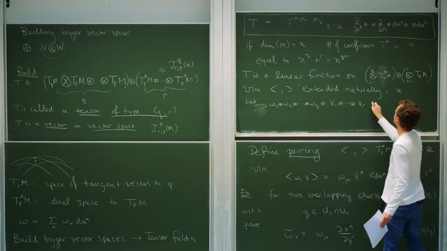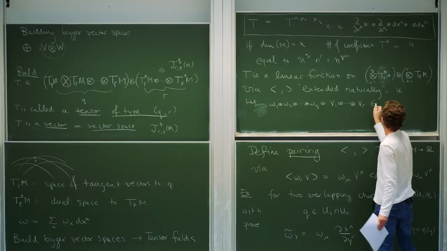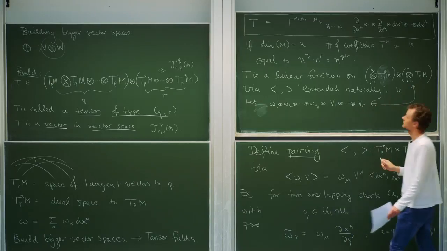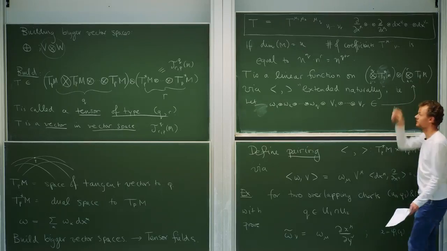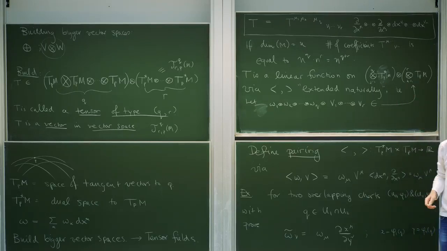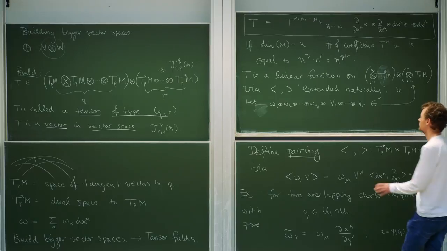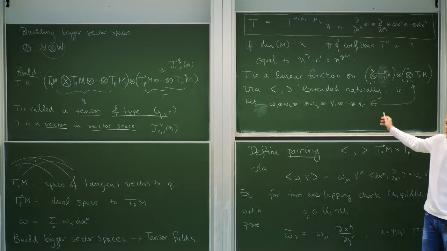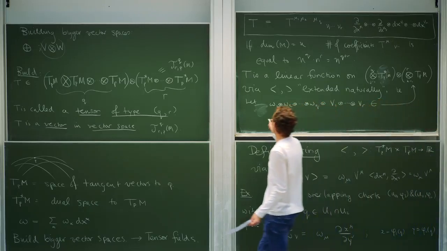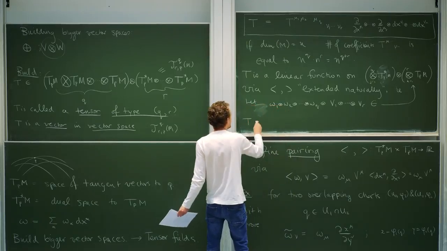So suppose you have this vector here inside that vector space. So that's a legal element inside this vector space. It's not the most general element, right? The most general element is a linear combination of products of this form, but it is a vector in that vector space.